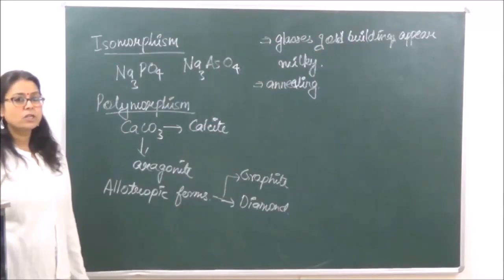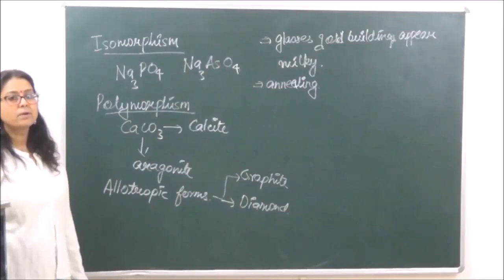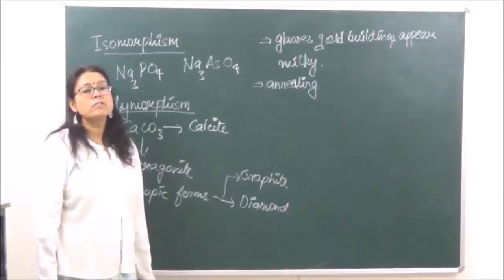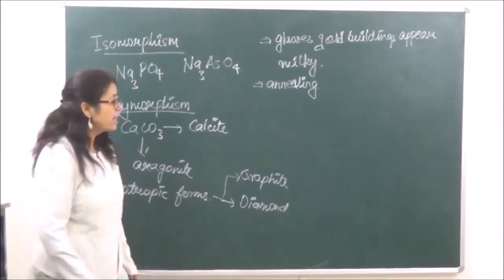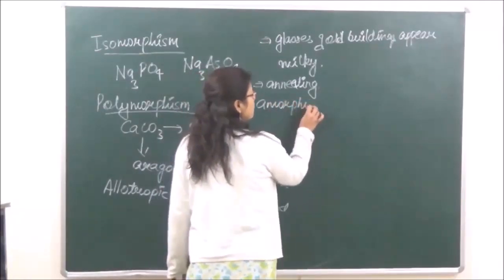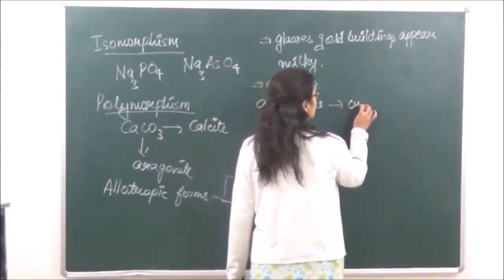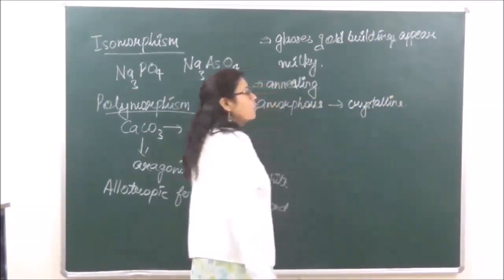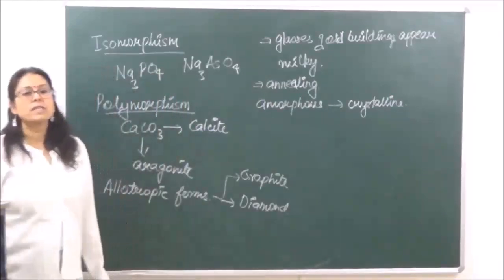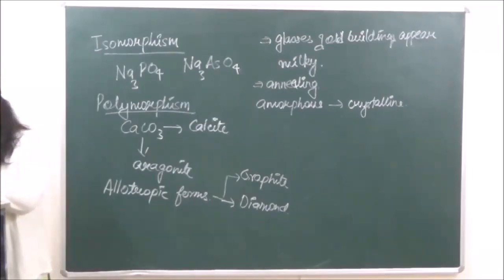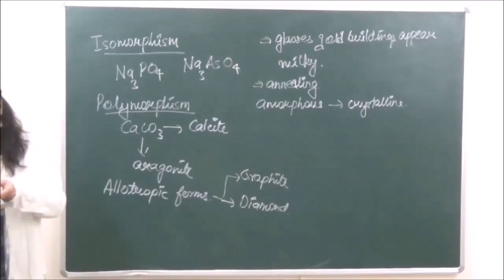As a result, the glasses of old buildings, when they get heated up during the day and then start cooling, the amorphous forms start converting into crystalline forms, as a result of which they start appearing milky. So this is one question which is important from your examination point of view.